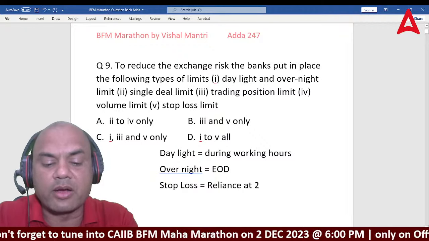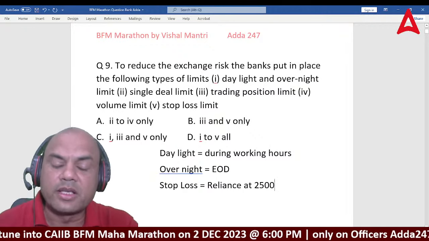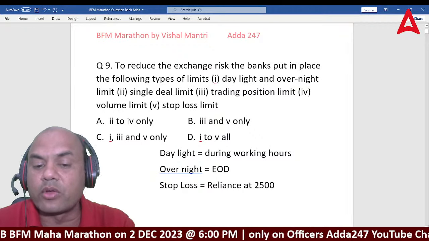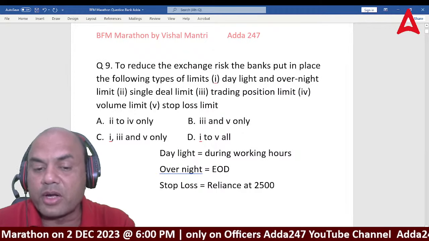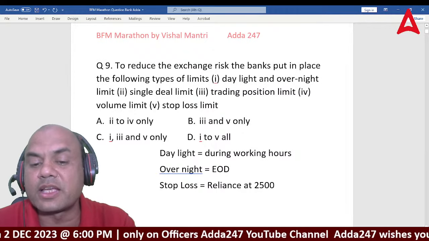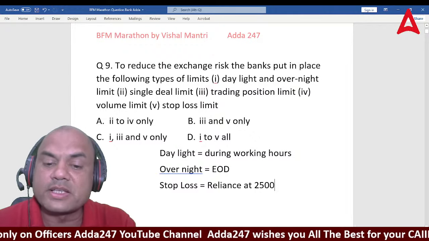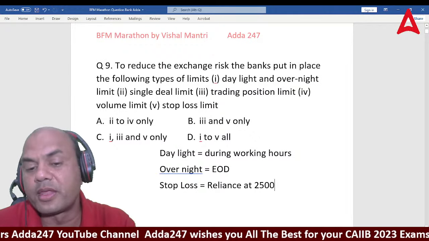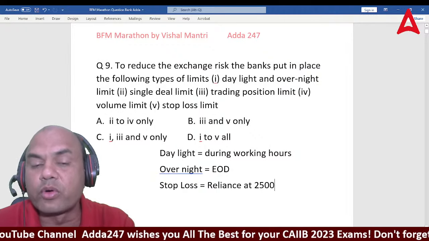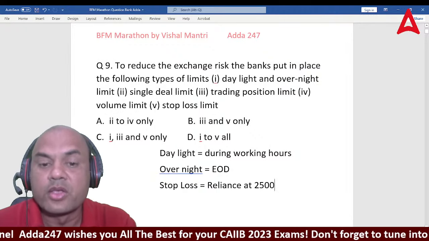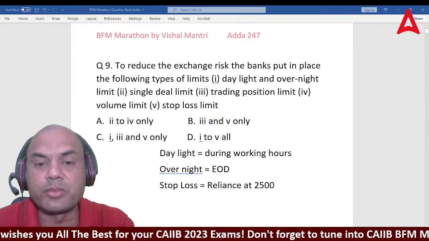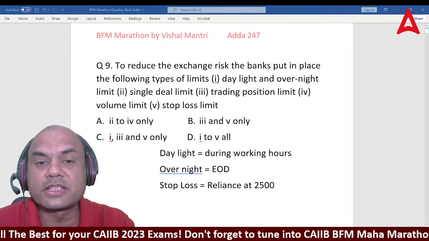Now what happens if this Reliance share starts going down? Why have I bought this? I bought it because I expect the share to go to 2800 and then I'll sell. Tomorrow if this share starts going down from 2500 to 24, 23, whatever, how much risk is manageable to me?